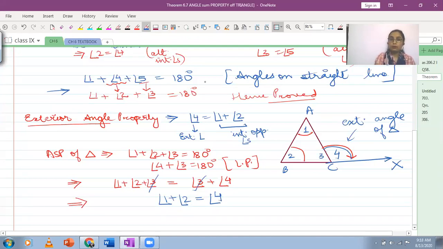And be very careful when you want to identify the exterior angle of a triangle. Exterior angle is always formed between one side of the triangle. So this here is the side of the triangle, and the other arm is the extended side.